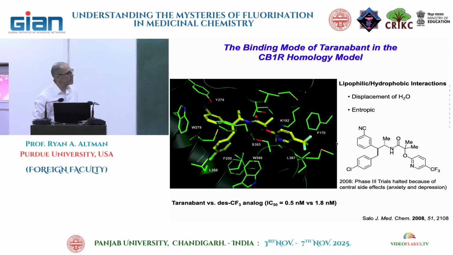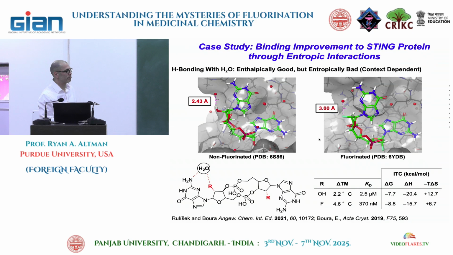So in this system, the CF3 group actually improved potency. The data is back in your previous slides, but it drives potency because you're presenting this moiety into a greasy pocket and pushing water out of that space. Okay, that's what's going on in this system.